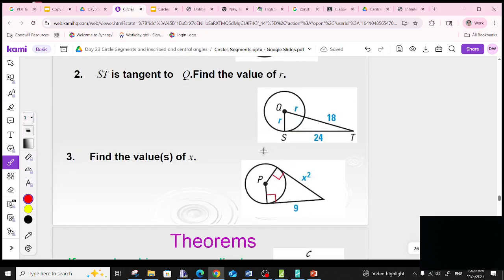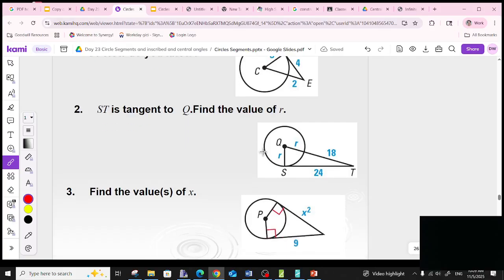Oh, I want you to try and do 1, 2, and 3.